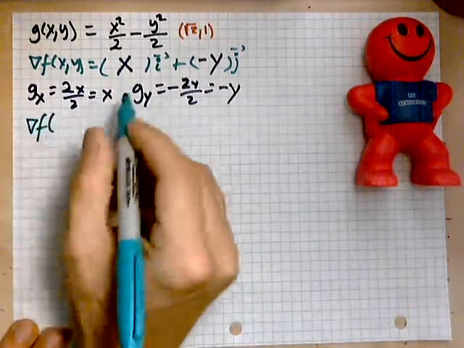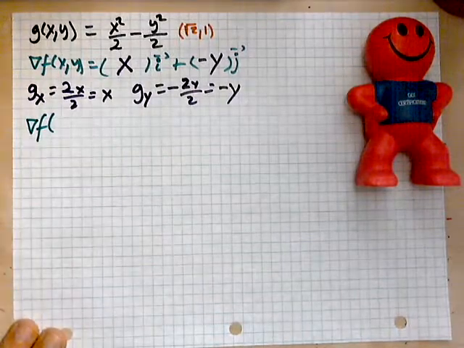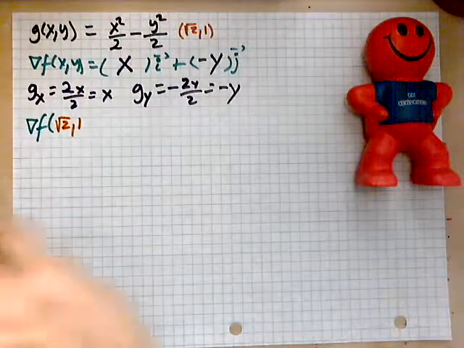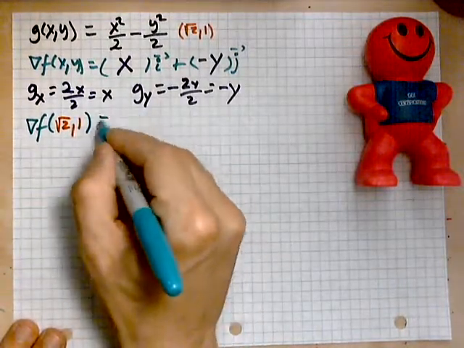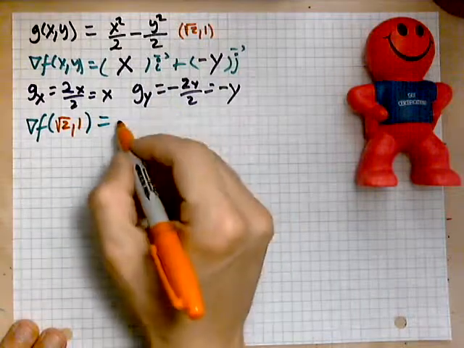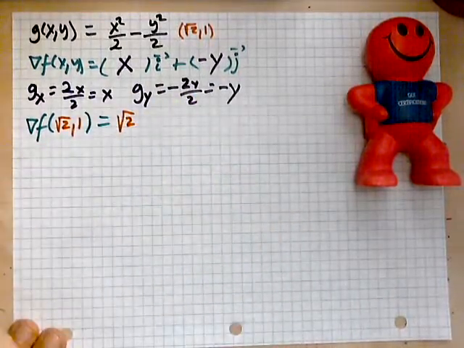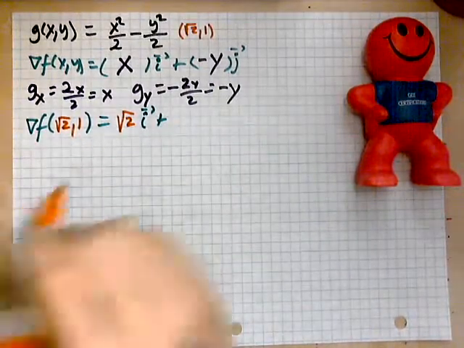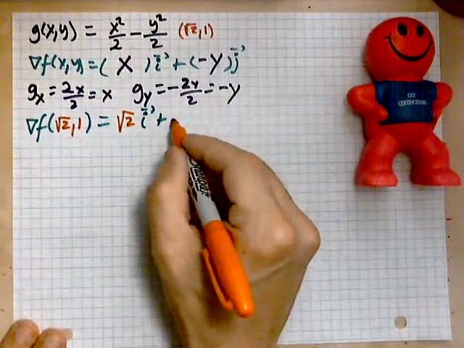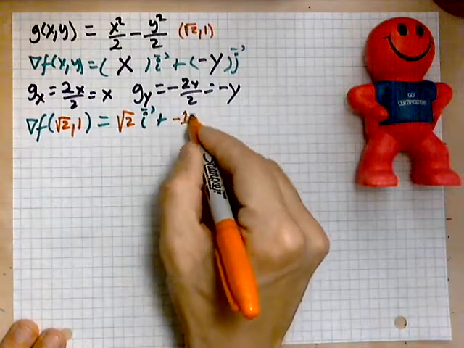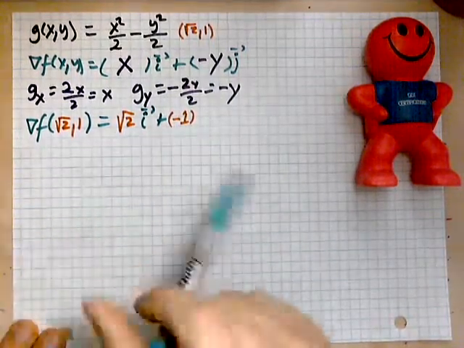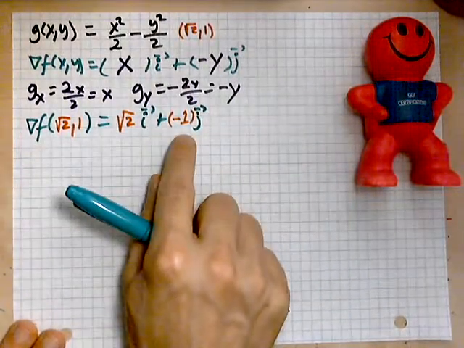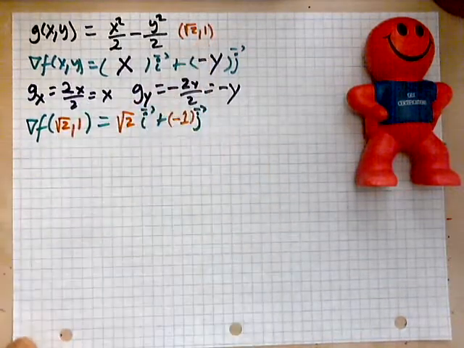So the gradient evaluated at the point root 2 comma 1 means wherever you see x, replace it with root 2, and you write in your i, and then to that you add: wherever you see y, you replace it with 1, so it turns into negative 1j. This is the gradient evaluated at the point root 2 comma 1.